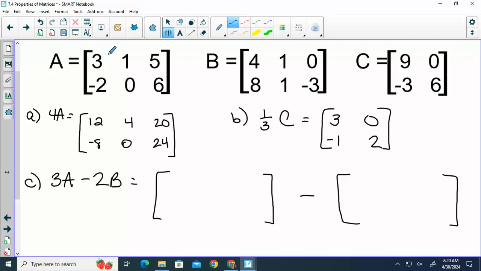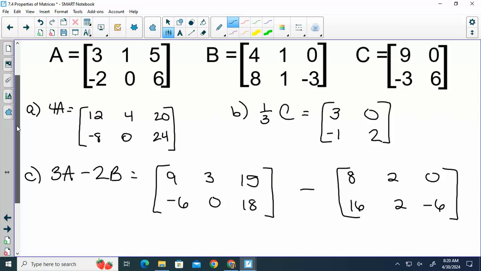So 3a would be going through and taking every number in a times 3. So that would give me a 9, 3, 15, negative 6, 0, 18. Minus 2b, so every number in b times 2. 8, 2, 0, 16, 2, negative 6.